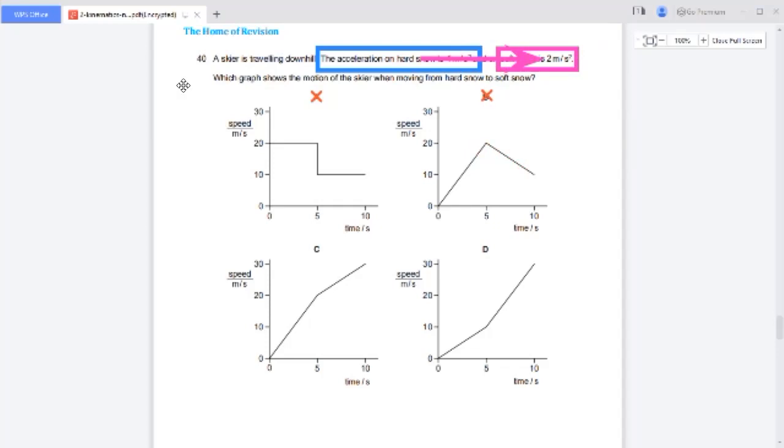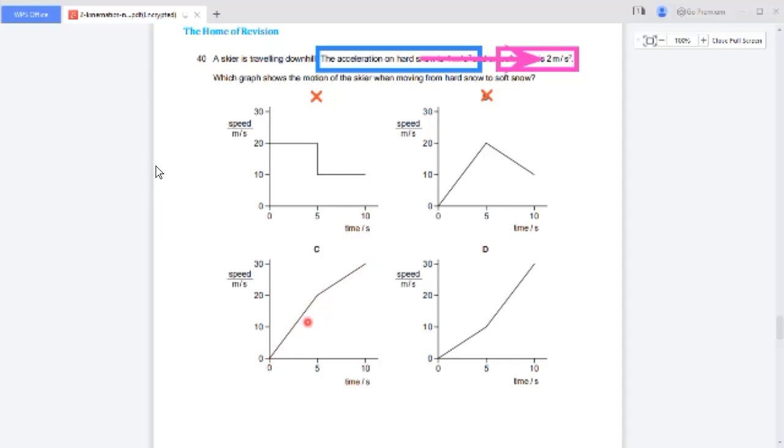Okay, now look at C and D. Let's compare them. C states that this is the first portion of the graph and this is the second portion. If we compare these two portions, the gradient for this portion is larger than the gradient of this portion.